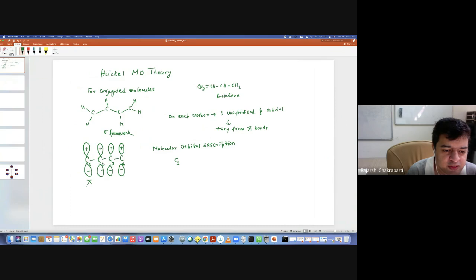Let us call this chi1, this chi2, this chi3, this chi4. And this is going to be c1 chi1 plus c2 chi2 plus c3 chi3 plus c4 chi4. Isn't it? And then the next step would be to calculate this script E, to do a variation calculation, no?